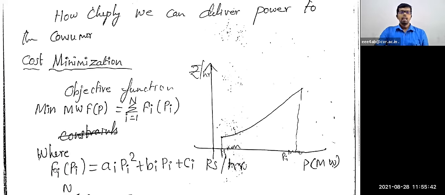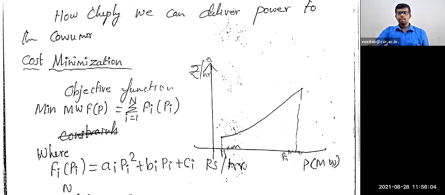For the first generating unit, F1 of P1 equals a1 P1 squared plus b1 P1 plus c1. For the 10th unit, F10 of P10 equals a10 P10 squared plus b10 P10 plus c10 rupees per hour.